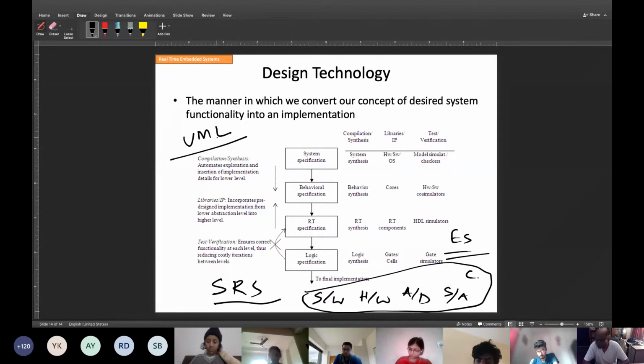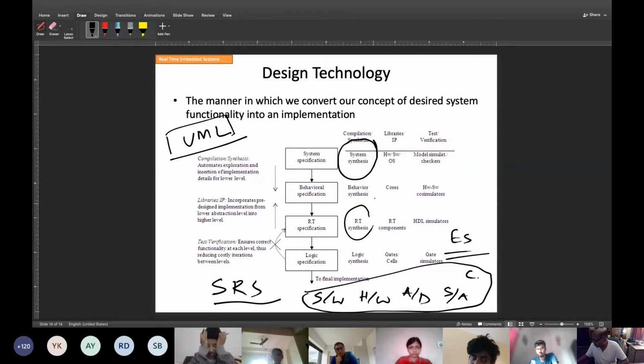When you design such a physical system, you may have to describe it by UML. This is called specification, the detailing of the specification. Then you have to do the synthesis, called system synthesis. You have to connect the components, and you have to do synthesis up to register level or behavioral level.